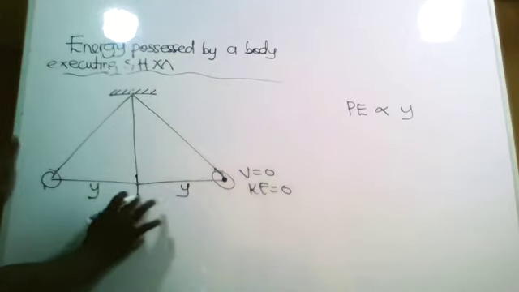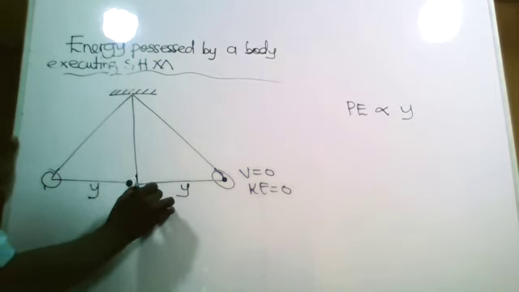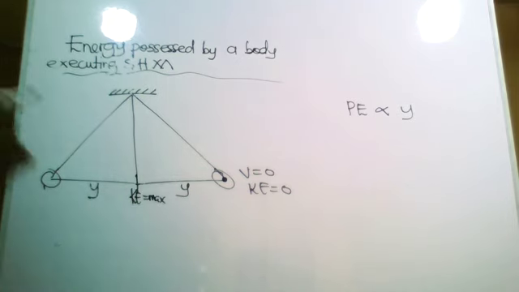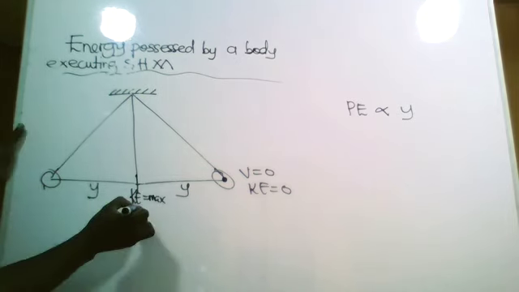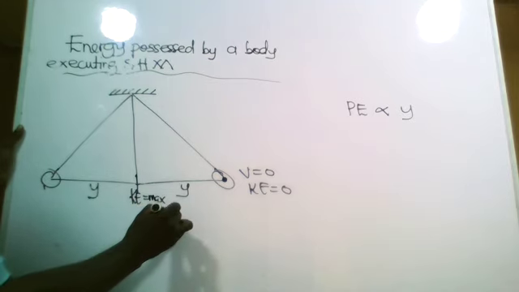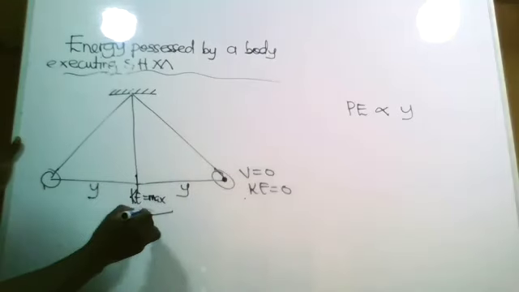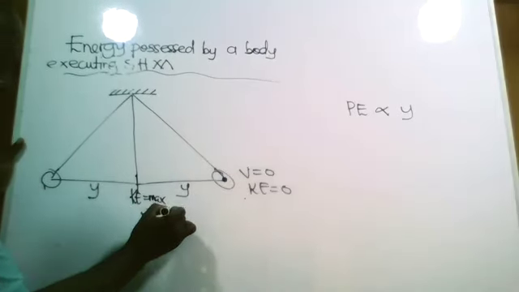At the mean point, KE is maximum. Meaning that when the body is moving to the extremes, its velocity is decreasing, because it is 0 at the extreme.